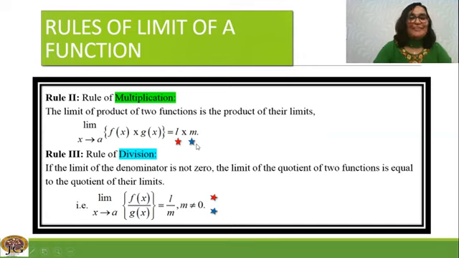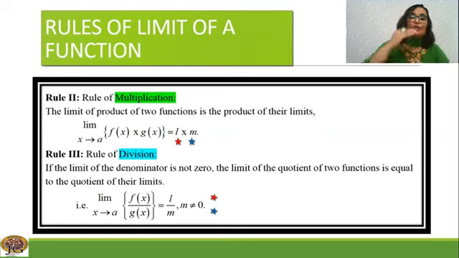Oops, division is left. Okay, rule of division. Now if the limit of the denominator is not 0. याद नीचे 0 आता है, न्यूमरेटर में कोई नंबर है और डिनोमिनेटर में 0 आ जाता है तो प्रॉब्लम हो जाता है थोड़ा सा, right? So in the rule of division, please understand that the limit of the quotient, नीचे, okay?